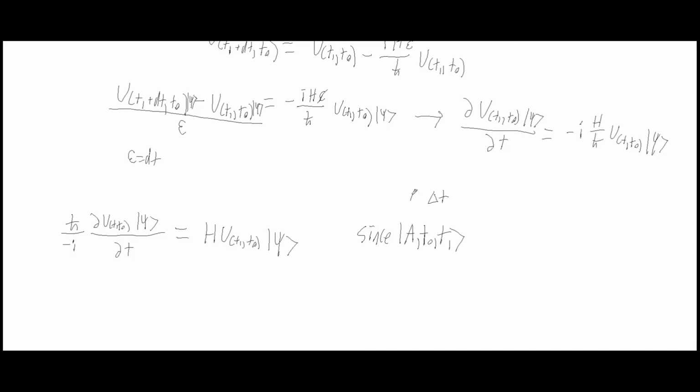We could call that delta T if we wanted to, is equal to the U(T1, T naught) operating on A at time T naught. So at time T1, it's this operator acting on the state at time T naught.